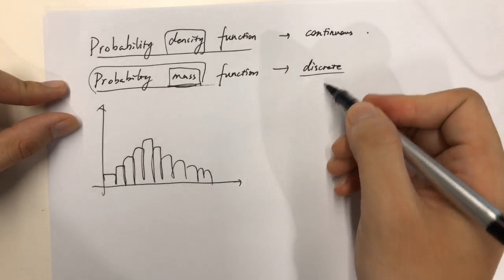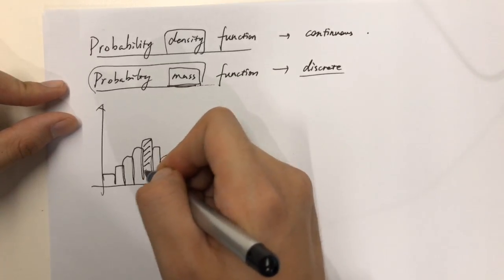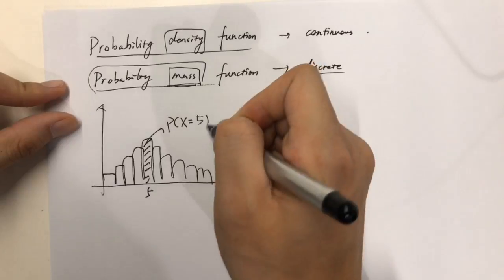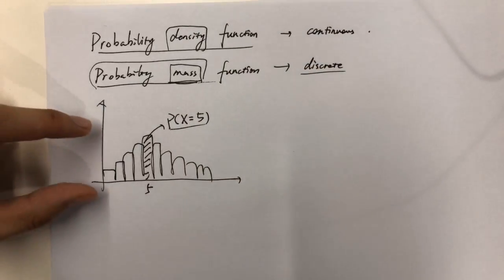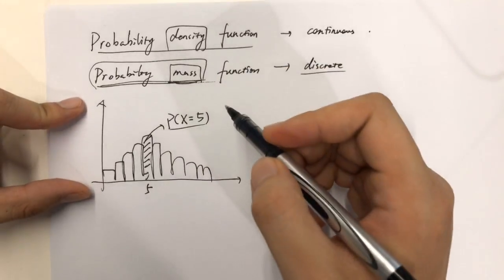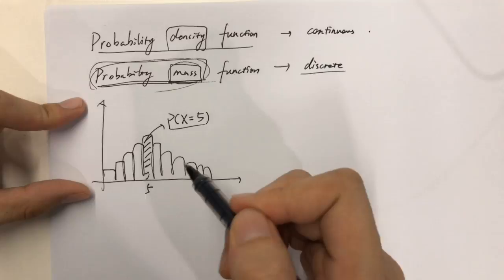If you plug in any number, for example 5, we can directly get the probability of x equal 5. So this is called the probability mass function. We can understand mass as the probability.